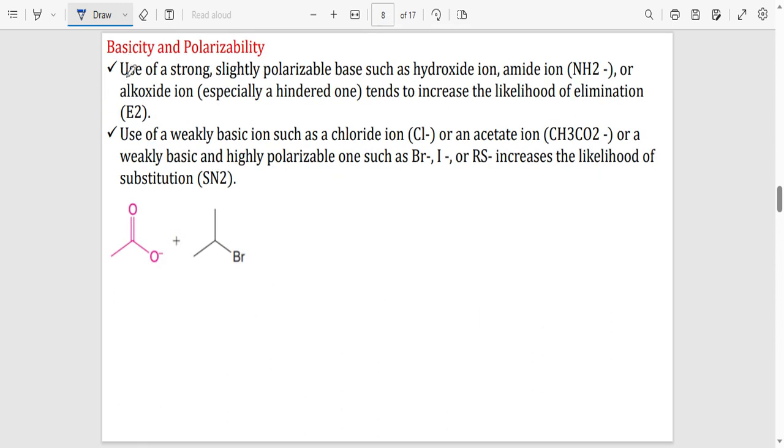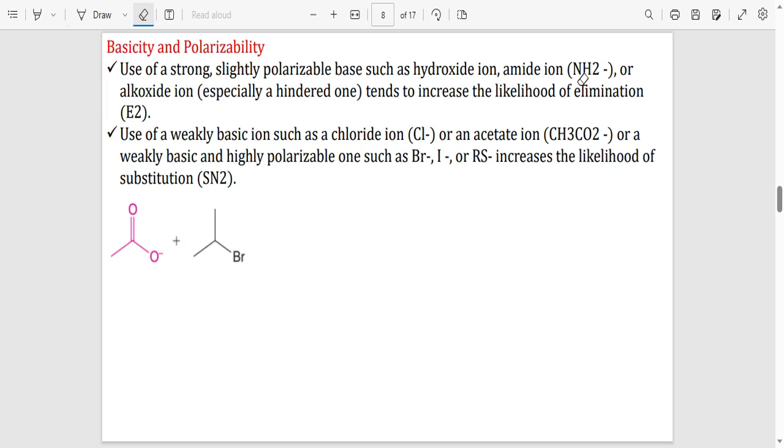Now, what if you're talking about the basicity and polarizability of the nucleophile? Then what happens? Comparing the basicity and the polarizability, if you use a strong and slightly polarizable base, such as hydroxide, this hydroxide is really strong. What is going to happen?